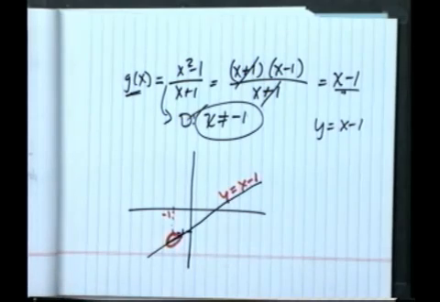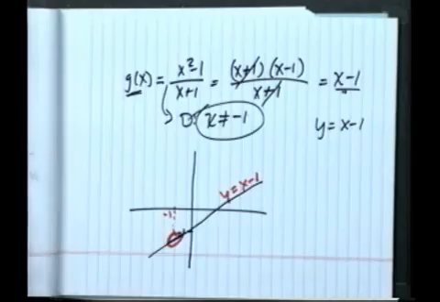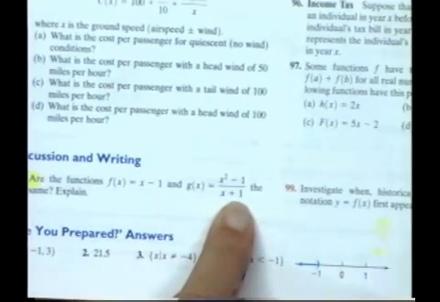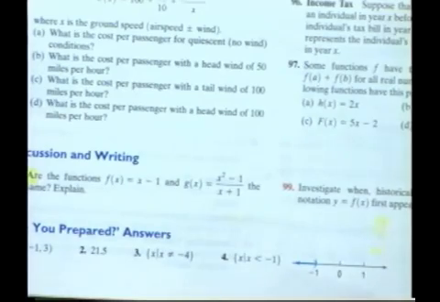Okay, so do you see why those two functions are not the same? x minus 1 is a straight line with no holes in it. g of x, because it simplifies, is a straight line x minus 1, but it can't be defined at x equal negative 1, so there's a little hole there in your graph. So the answer is no, these are not the same functions because they have different domains. You've got to look at the domain before you start simplifying the function. Everybody got it?